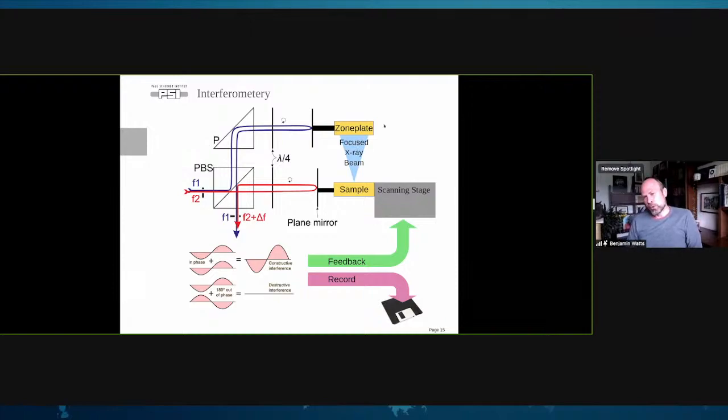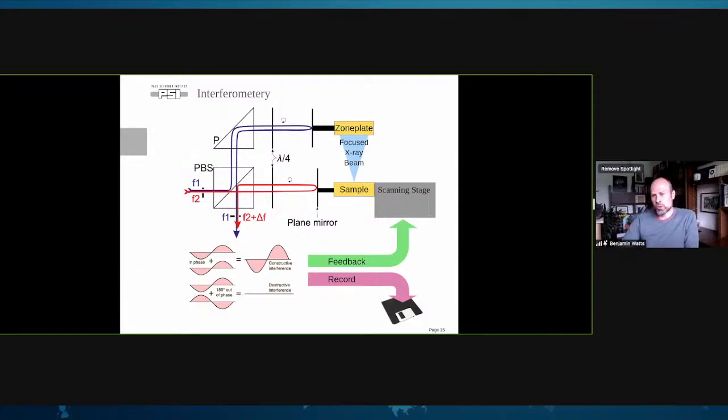So for the scanning, we are using physical stages. And if you look at anything closely enough, it's essentially made out of jelly. And you can't trust it to be precise or even stiff. So what we do is we use position metrology to get very precise measurement of where things are.